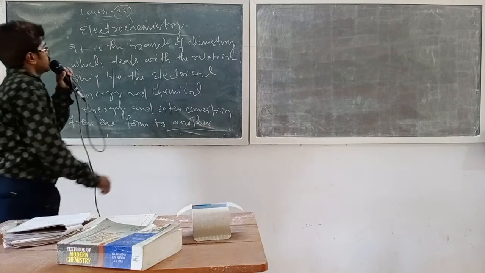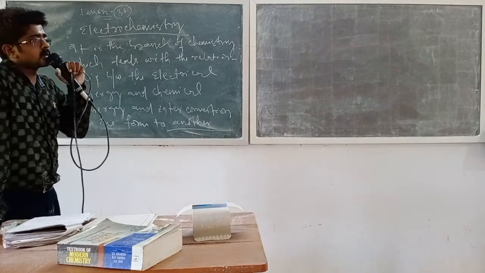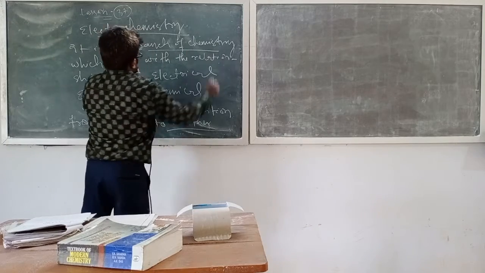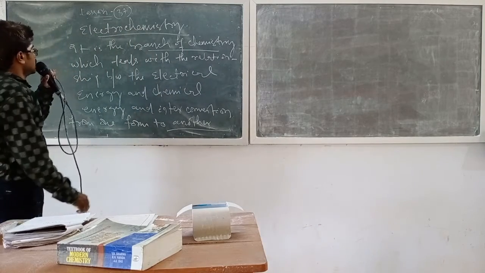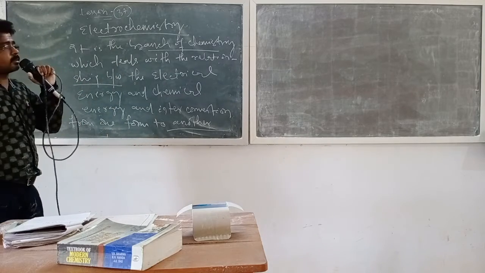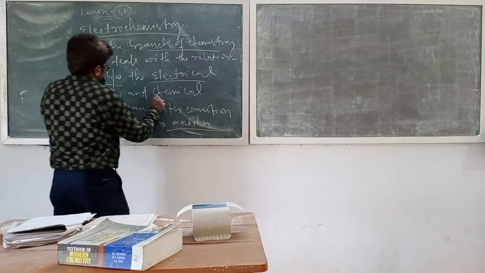So this is the basic definition of electrochemistry. Electrochemistry is the branch of chemistry which deals with the relationship between the electrical energy and chemical energy.